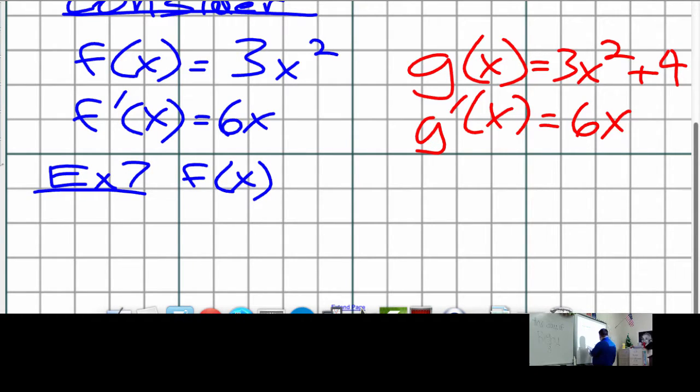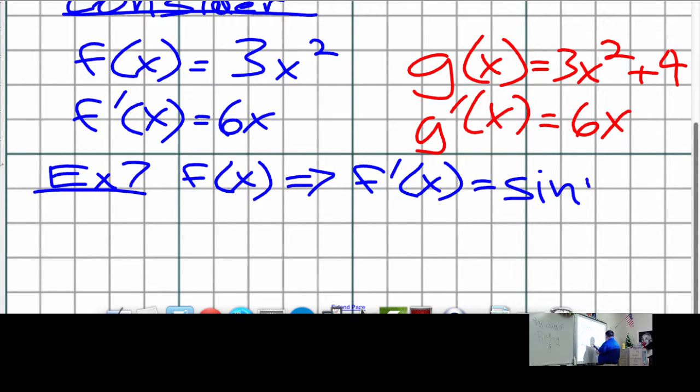whose derivative is sine of x, but it passes through the point 0, 2.